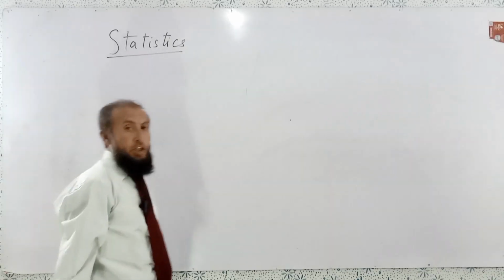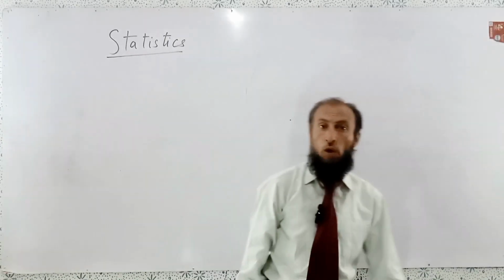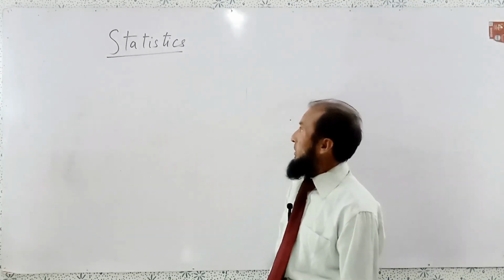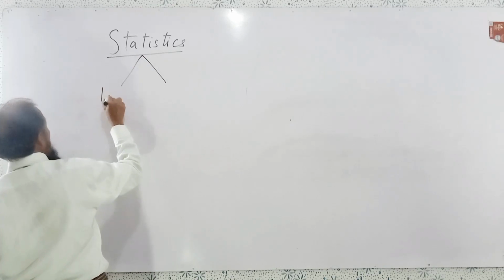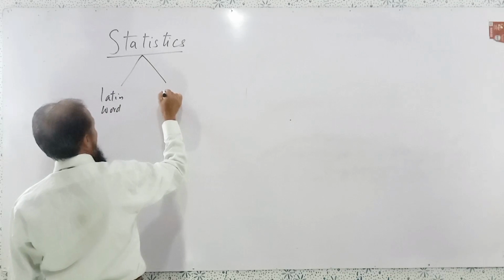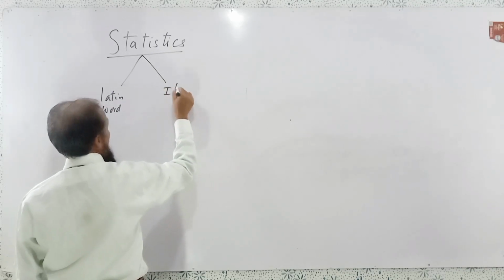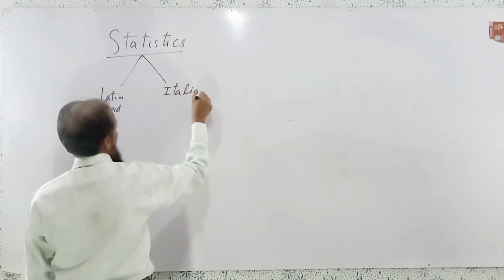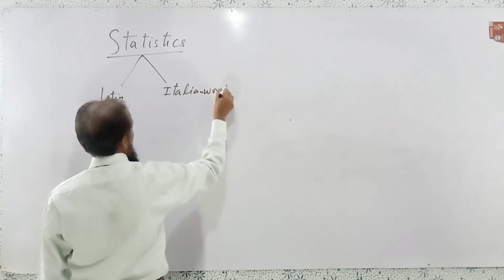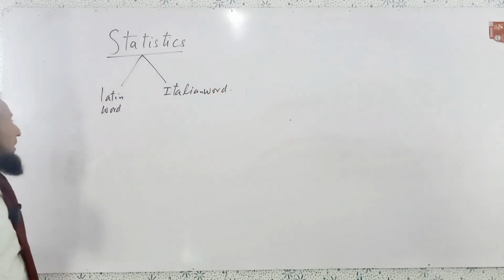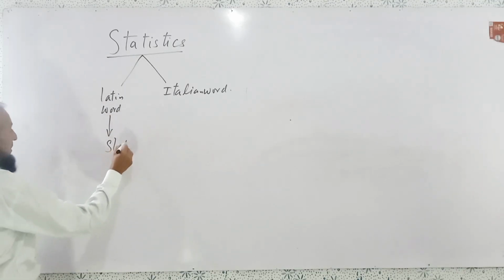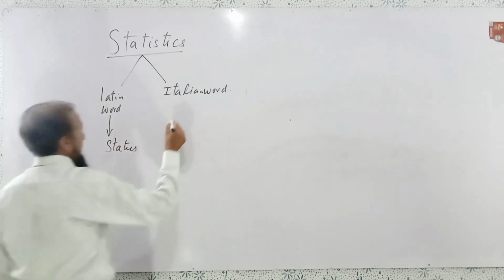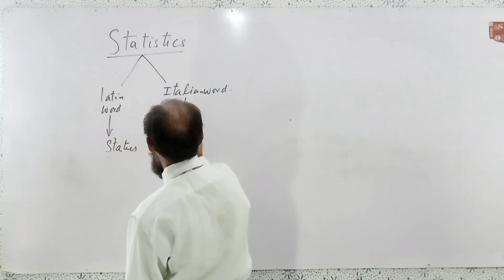The word statistic has been derived from two words. The one is the Latin word status, and the other is the Italian word statistia.